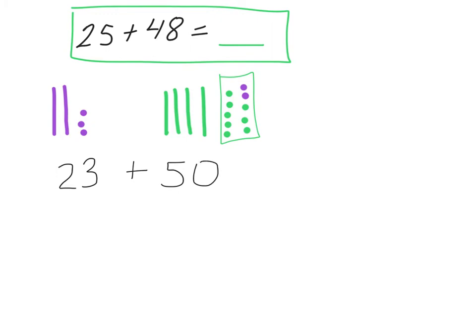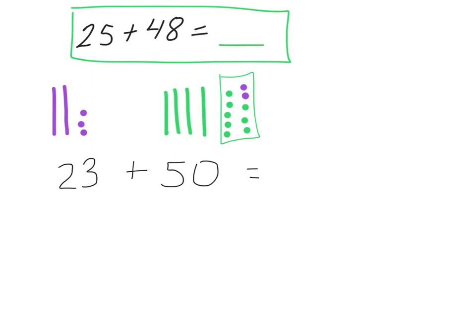So now, our addition sentence, after taking ones from one addend to make the other addend the next tens number, is 23 plus 50. Adding is easier when one of the addends is a tens number.